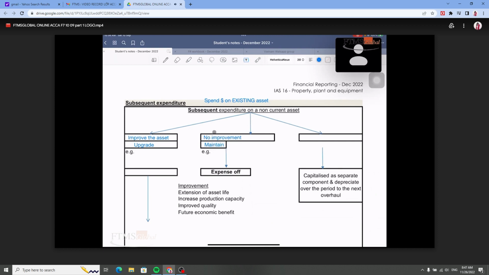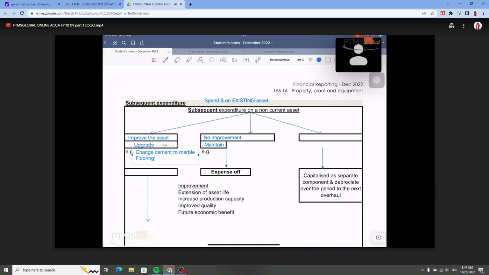Then some example of improving the asset: maybe I change cement to marble flooring. That's improvement, correct? From cement to marble, obviously that is improvement.